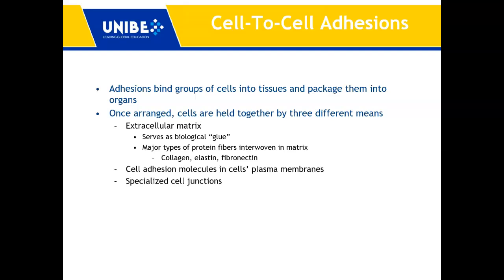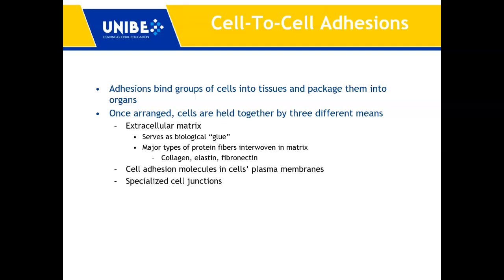One thing that the tissues or the cells do is that they create ways to adhere to other cells. So these adhesions bind groups of cells into tissues and package them into organs. So for us to arrange them and to hold them together, we can do it by different means. Either the cell produces something which is called an extracellular matrix, which is basically a glue, and it's basically made of proteins that interweave into this matrix, which can be collagen, elastin, or fibronectin.